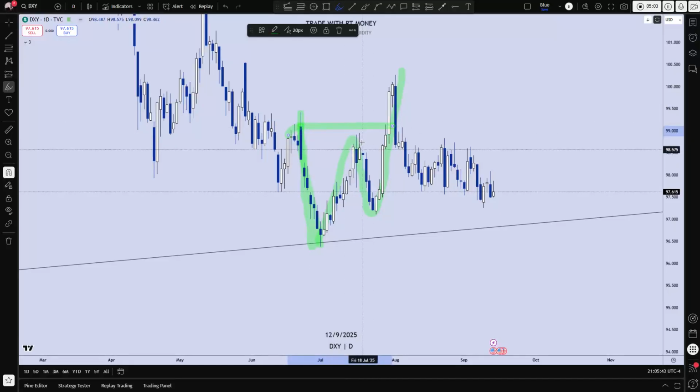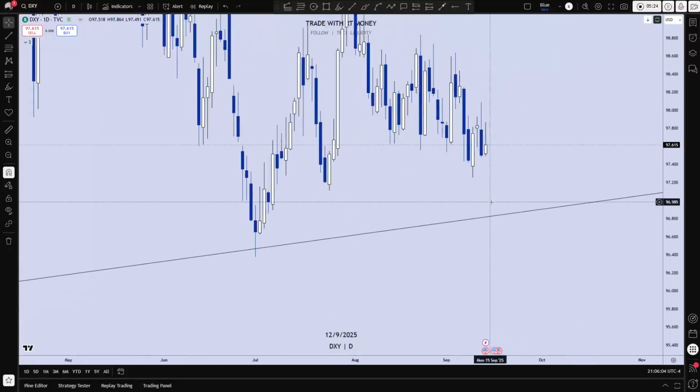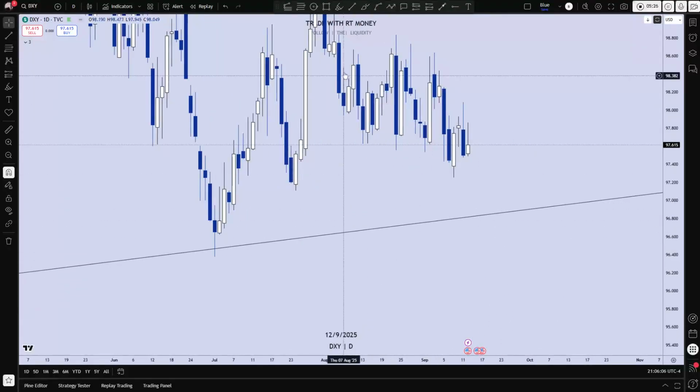And we also got a little break of structure there as well. And price traded above those highs. Now we are in correction of this impulsive move up. This is the correction, and we are still in that correction territory, is what I kept telling you for the last couple of weeks.